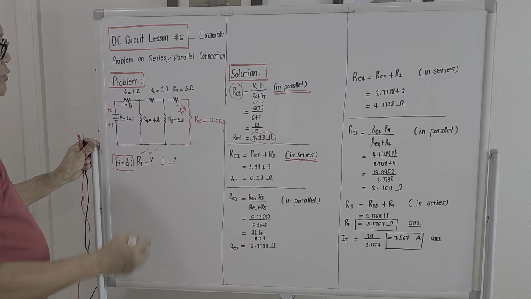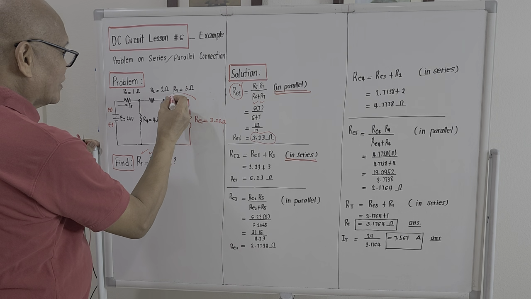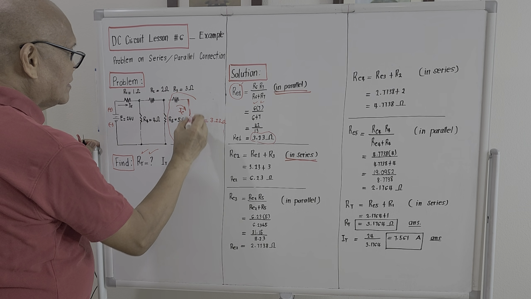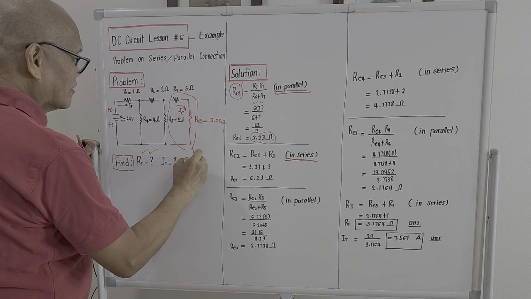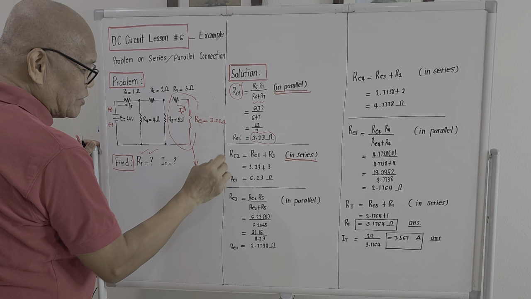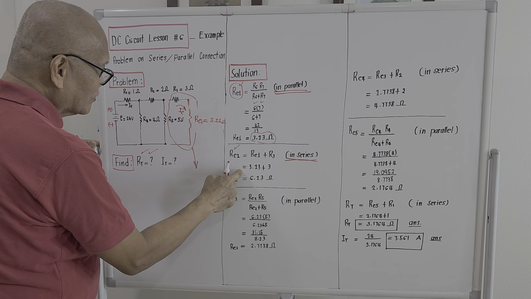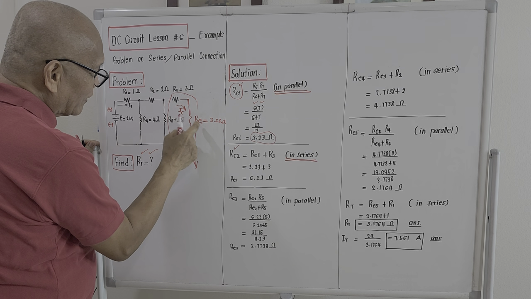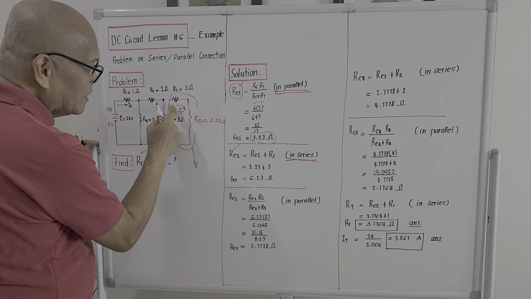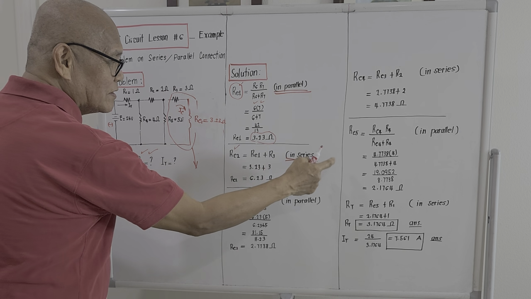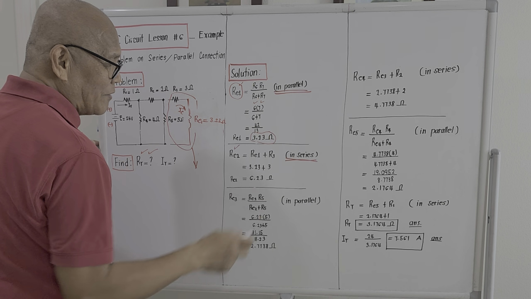Right? So to take the single equivalent of this one, I represent that by RE with the subscript 2, meaning equivalent resistance number 2. The single equivalent of RE1 and R sub 3. Since they are in series, it will be the sum.